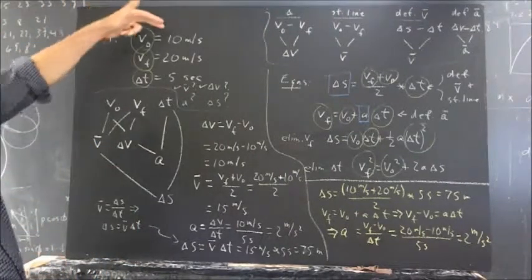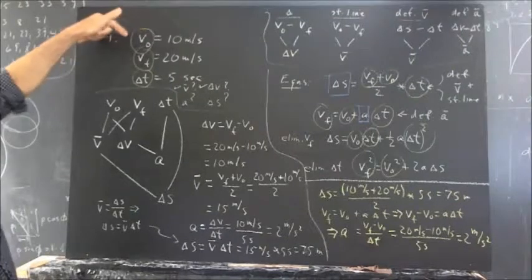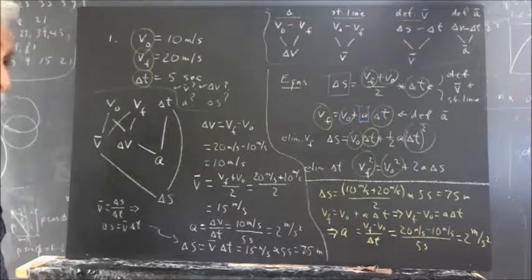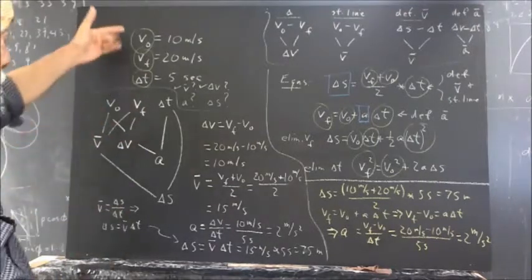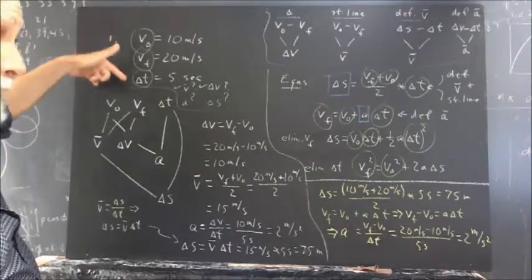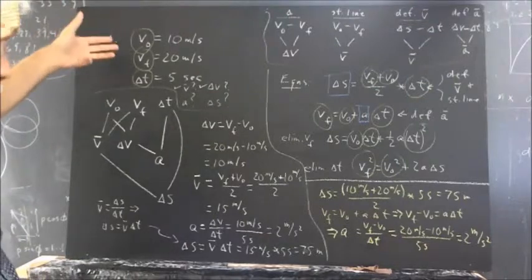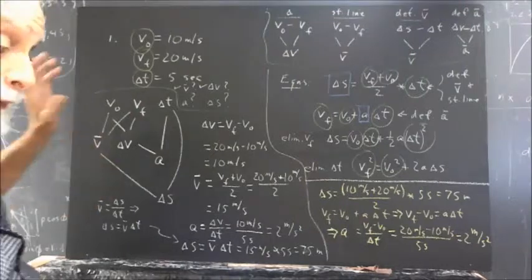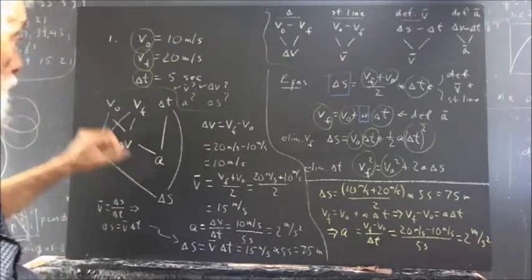Okay, so initial velocity is easily identified to be 10 meters per second, final velocity 20, delta T 5 seconds. People have proven to be quite good at identifying initial velocity, final velocity, change in clock time or time interval, change in position, delta S, and acceleration.